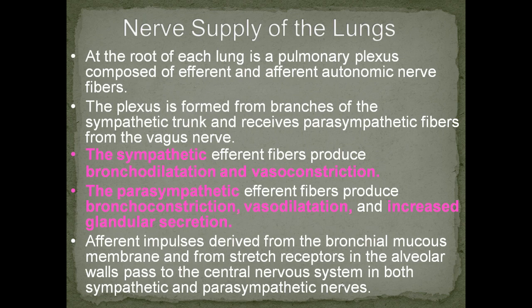The parasympathetic efferent fibers produce bronchoconstriction, vasodilation, and increased glandular secretion. Afferent impulses derived from the bronchial mucous membrane and from stretch receptors in the alveolar walls pass to the central nervous system in both sympathetic and parasympathetic nerves.